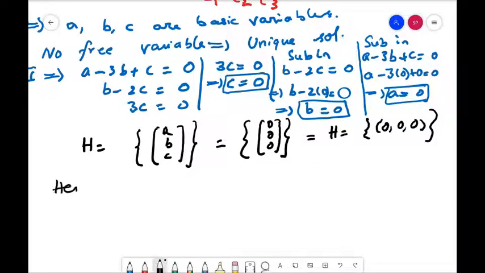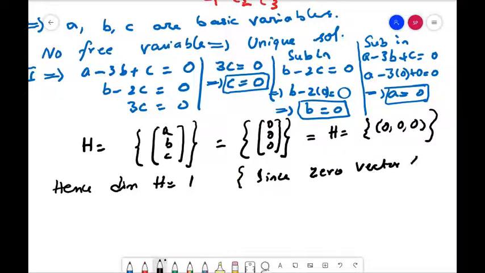Hence, dimension of H is equal to 1. That is, since the 0 vector is not counted in a basis, it is not 1, sorry, this is 0. Dimension of H is equal to 0.